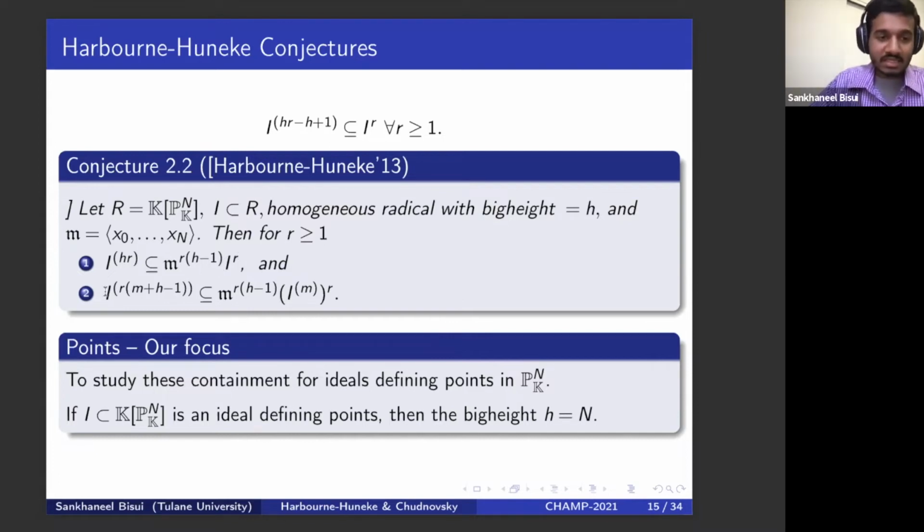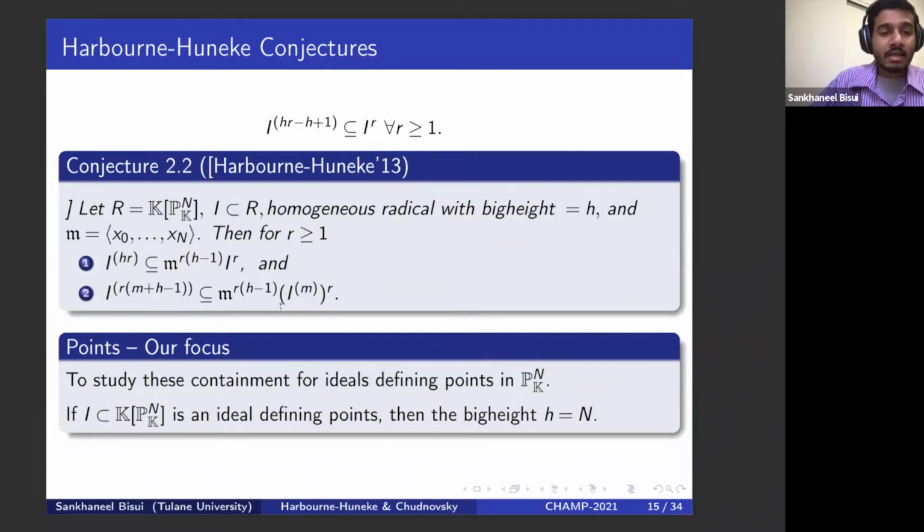They also conjectured that the (hr plus h minus 1)-th symbolic power of I also sits inside M^(r(h minus 1)) times (I^(r)) whole ordinary power of r.